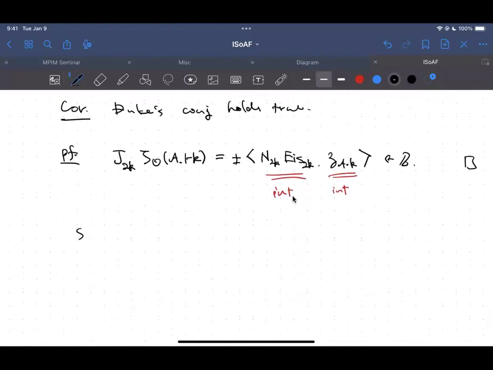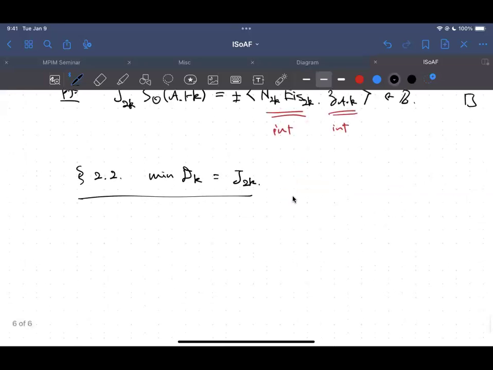So now, in the remaining time, I would like to explain the latter half of our main theorem, which is about the minimality of Duke's upper bound. In order to explain this part, I would like to briefly summarize the previous argument.